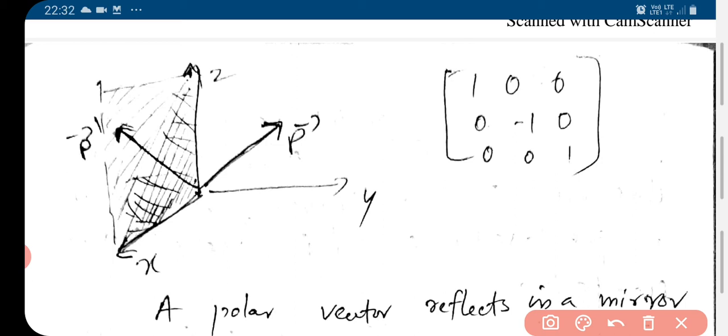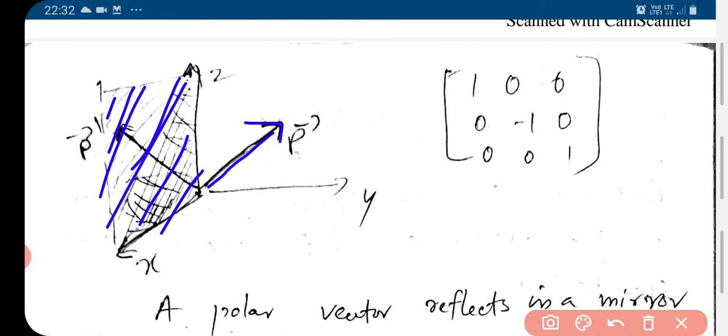Suppose that we have a mirror in the xz plane, and this vector, as it gets reflected, you will have p prime. It undergoes reflection in the xz plane along the y-axis.